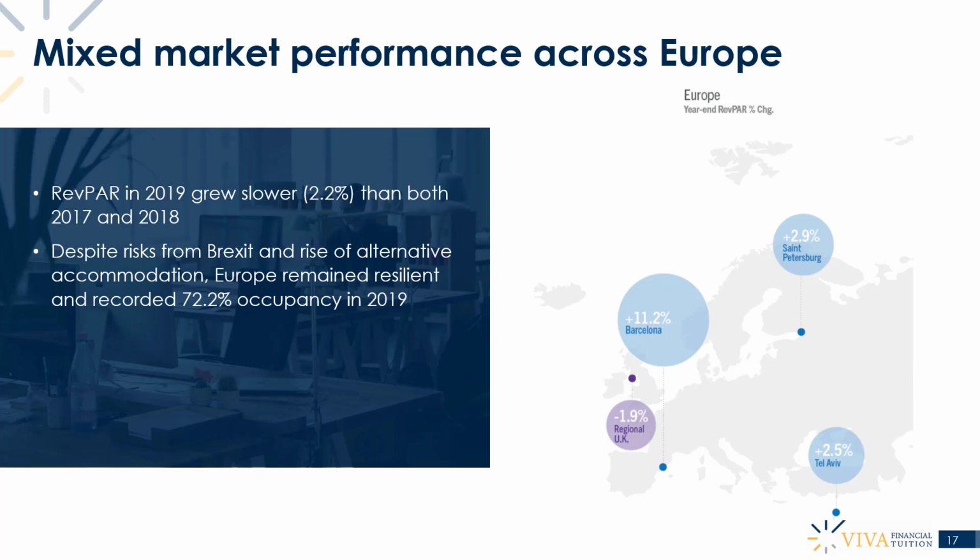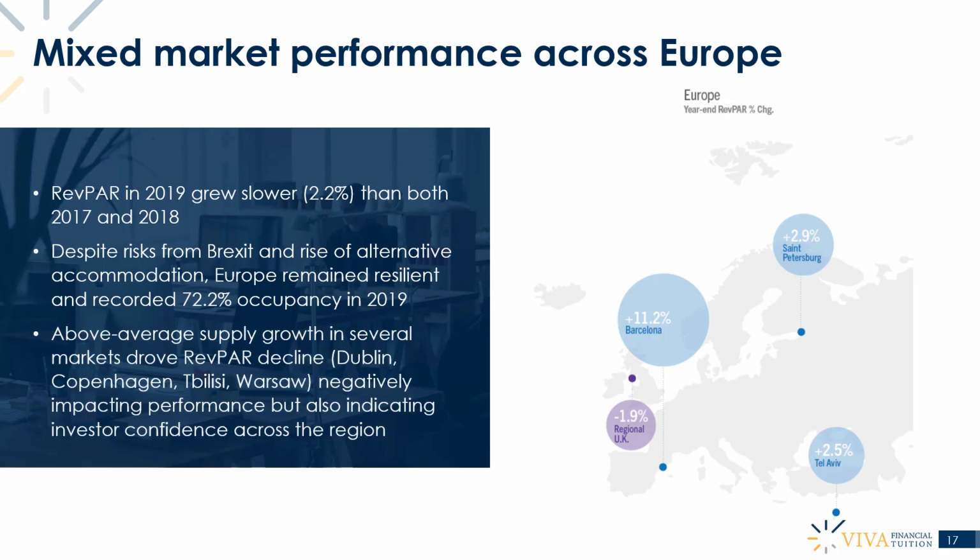So actually a relatively healthy scenario there compared to some other regions. Above average supply growth in several markets drove RevPAR decline, for example in Dublin, Copenhagen, Tbilisi and Warsaw, negatively impacting performance, but also indicating investor confidence across the region. The fact that you're seeing that supply growth indicates confidence across the European zone.